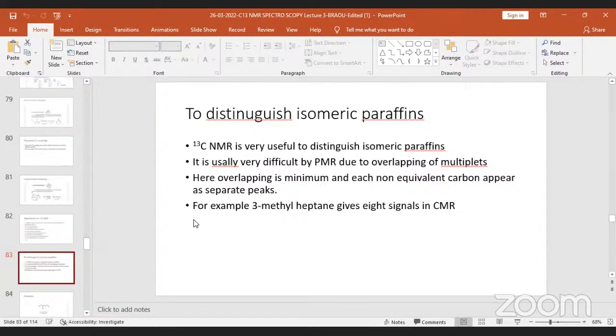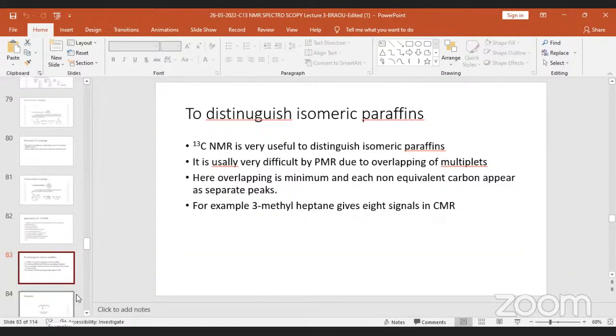N-hexane, heptane, octane, pentane, all these paraffins give a very complex proton NMR spectrum. Whereas if we record the C13 NMR spectrum, it is simplified. We will be able to identify the number of non-equivalent carbons in the molecule, and that will help us in identifying the structures.